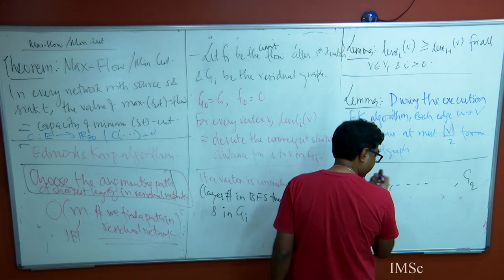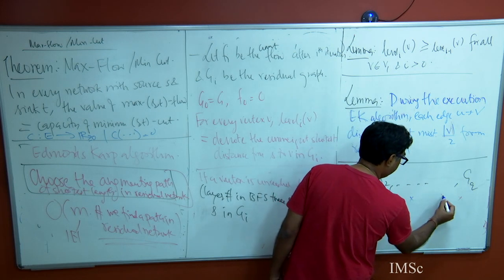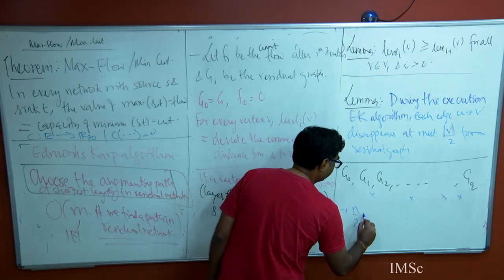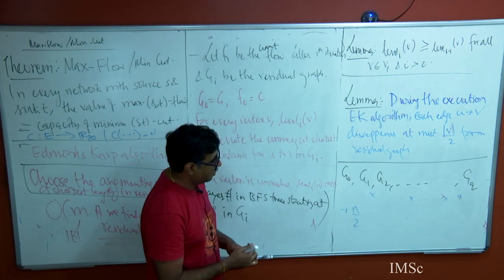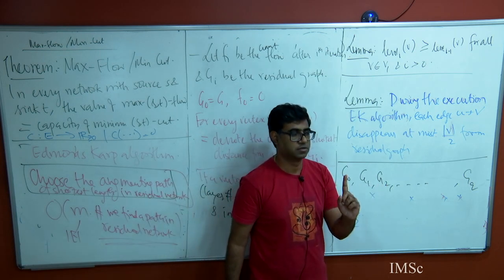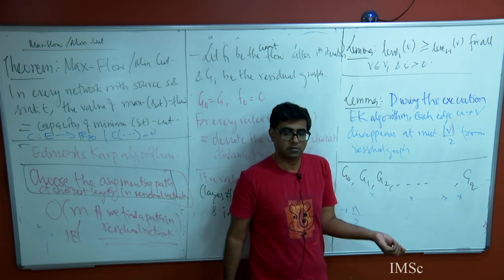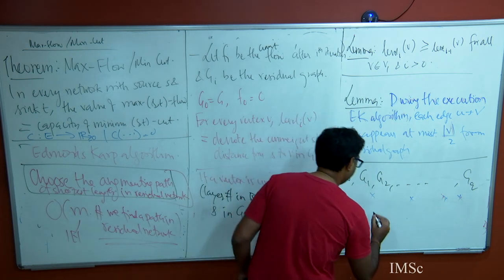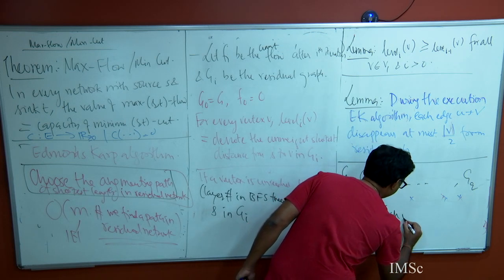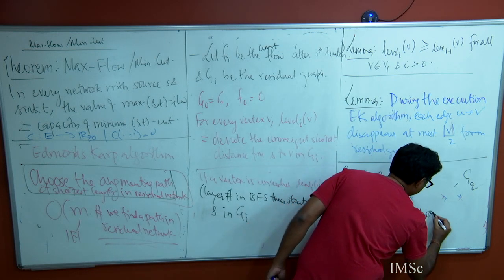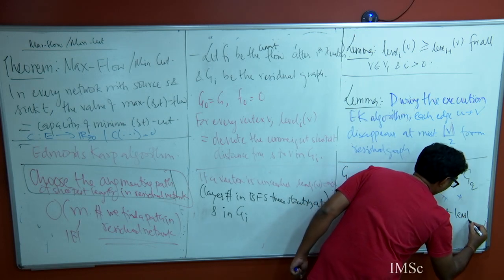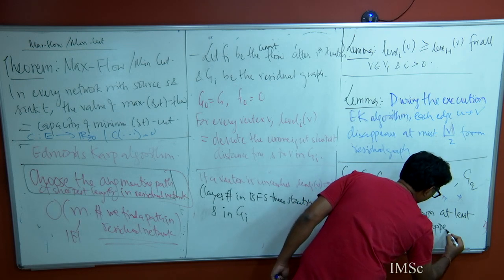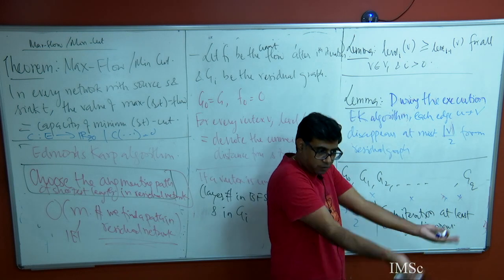So notice, suppose I fix an edge. It disappeared here, disappeared here, disappeared here. But I know the total number of times it disappears is at most n over 2 times. Now I am claiming that in each iteration at least one edge disappears. Why? Because some edge becomes tight.